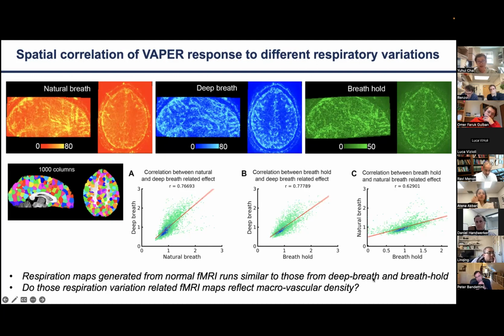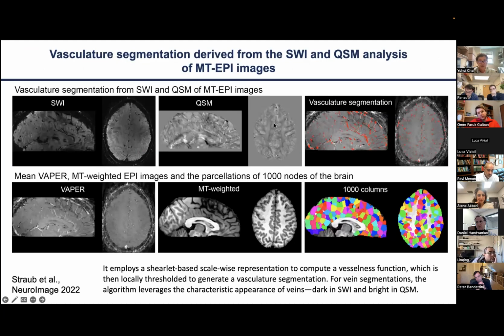Next, we are going to ask the question: do those respiration variation related fMRI maps reflect macrovascular density? Can those maps suggest a distribution of large vessels? To answer this question, we need a vasculature segmentation, a vascular density distribution map.